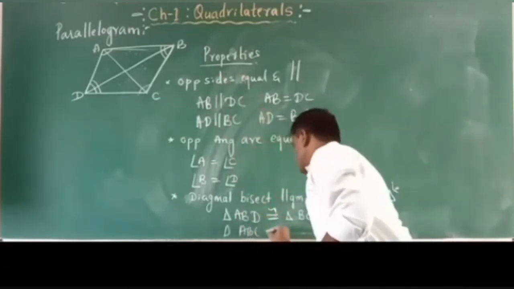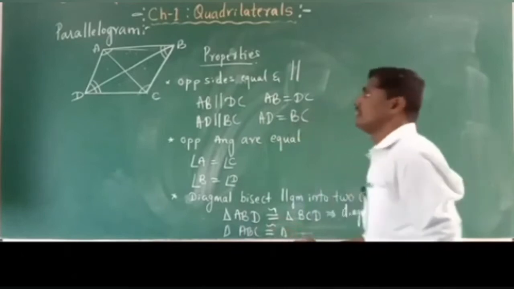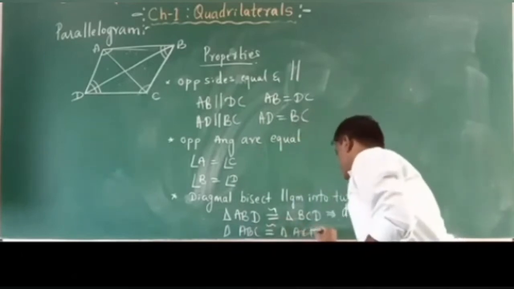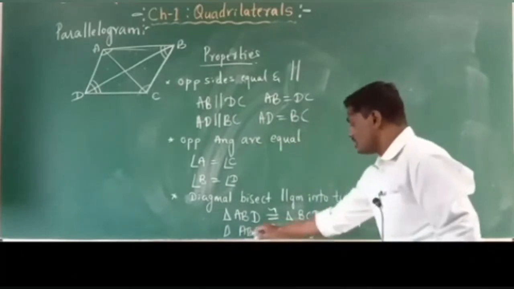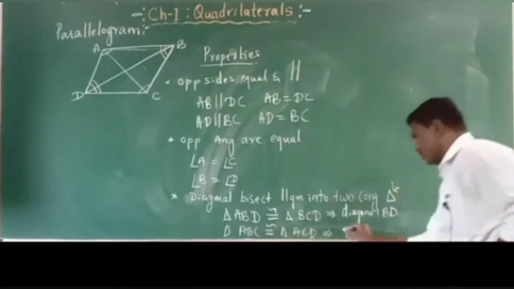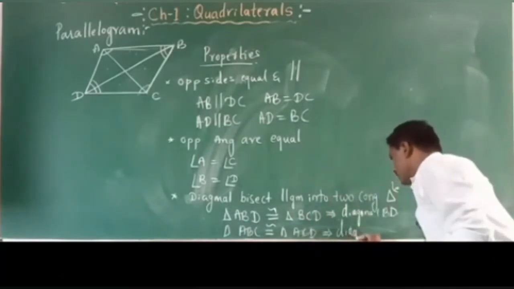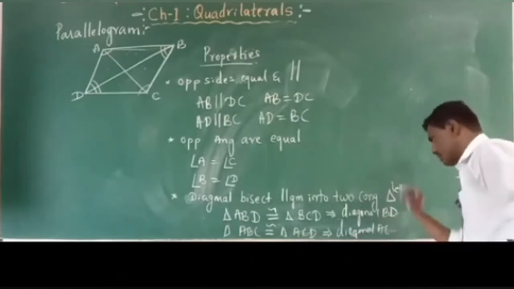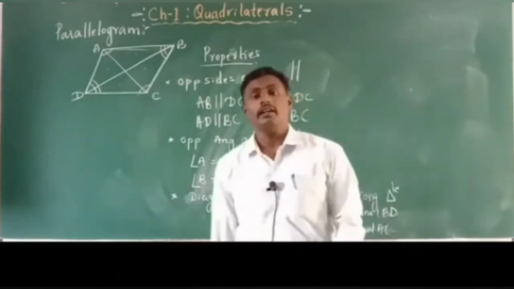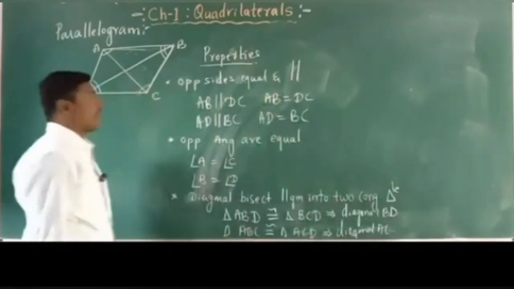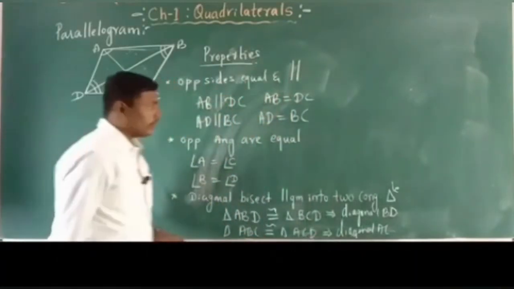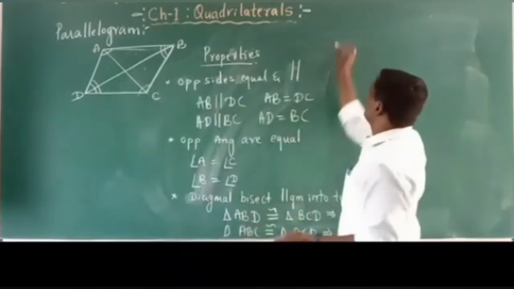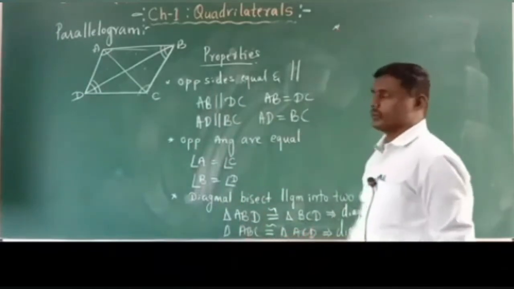Triangle ABC is congruent to triangle ACD, when we draw the diagonal AC, right? So this is the third property of the parallelogram. Next, come to the fourth property of the parallelogram.